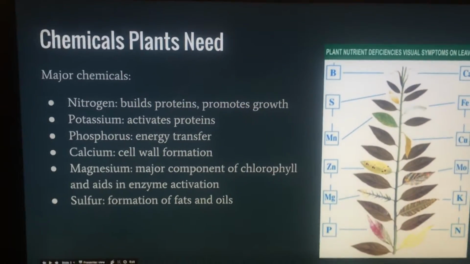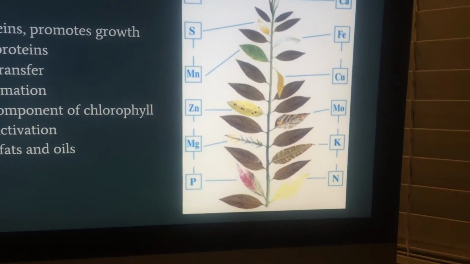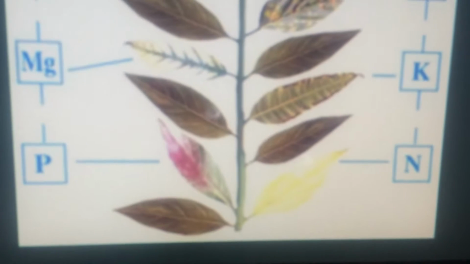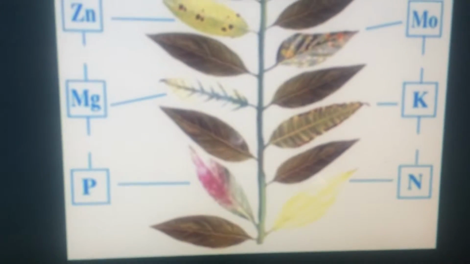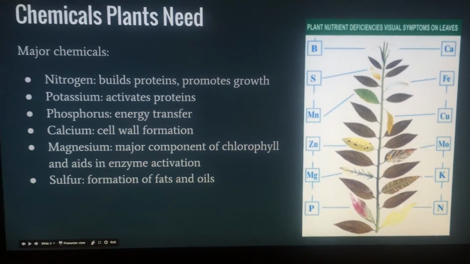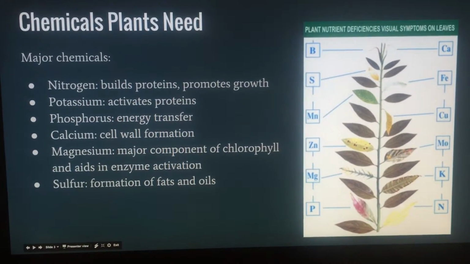Alright, potassium. As you see here, the plant is all shriveled up and wrinkled up, but it still has a hint of green to it. The reason it's shriveled up is because it hasn't activated its proteins yet, which it needs in order to turn green fully.